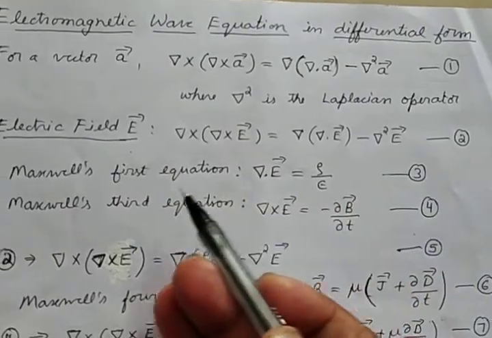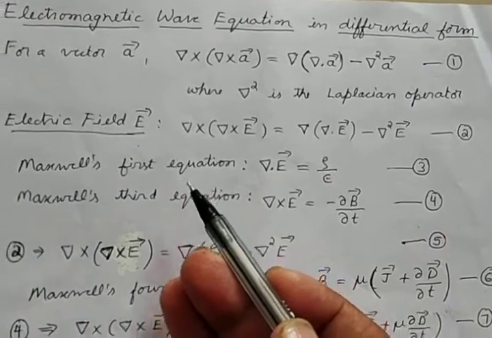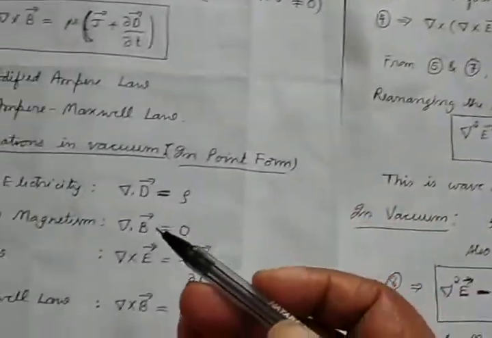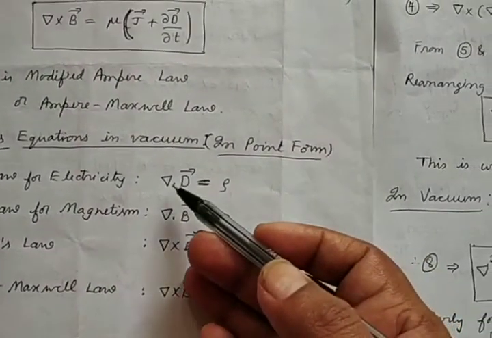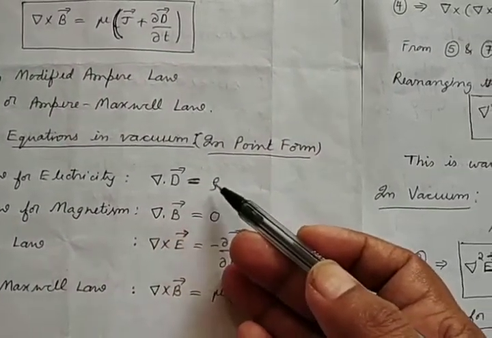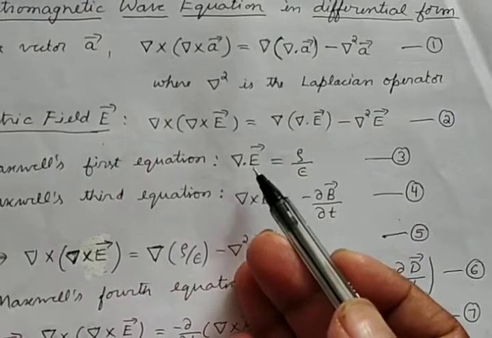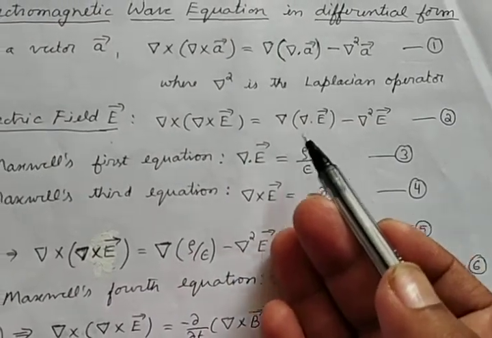Now we can use Maxwell's first equation, the Gauss law of electricity: divergence of D bar is equal to rho. Therefore the divergence of E bar is equal to rho by epsilon, and I can write that in this equation.